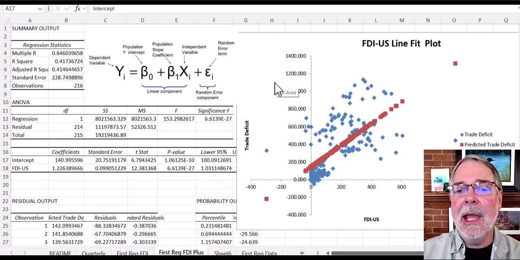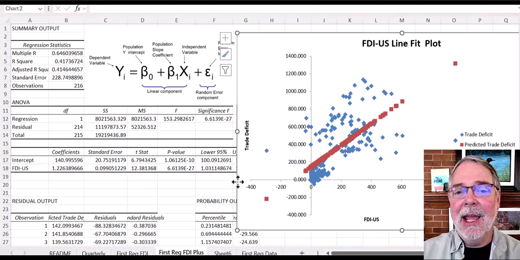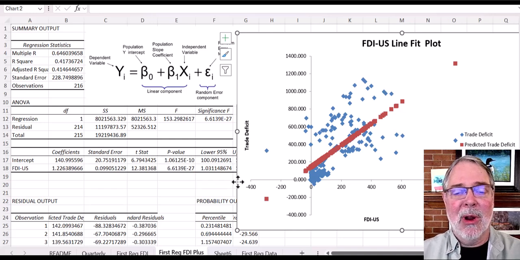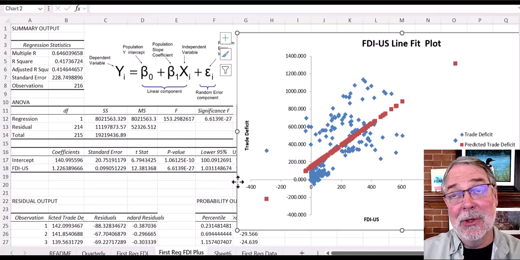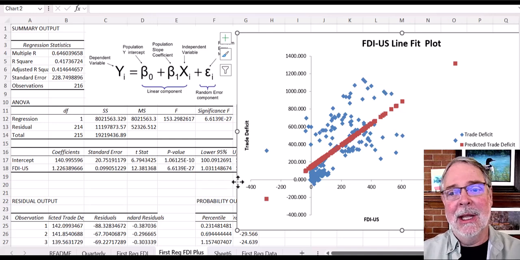And here we have a chart, a graph of the FDI US line fit plot. This is one of the graphs that you can get generated when you do a regression. I didn't do it the first time, probably should have, but I reran it and now we have it.